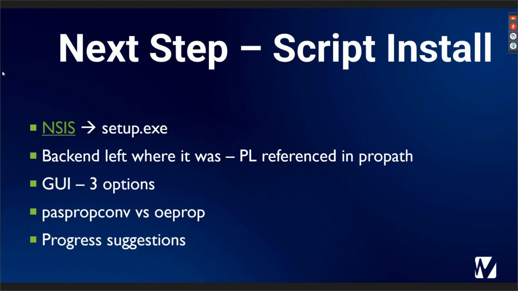So I took every setting one by one, checked if they are still valid or not obsolete, and then used that OEProp to add them with the desired values. At a certain moment, after we had everything in place, even after the manual install, we sent the OpenEdge properties files to the Progress guys, and we got some suggestions from them.